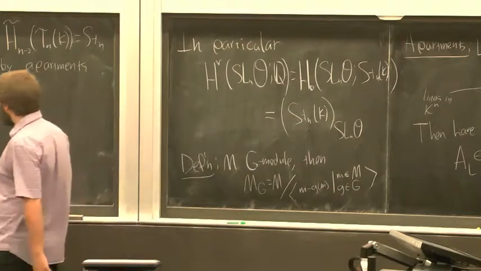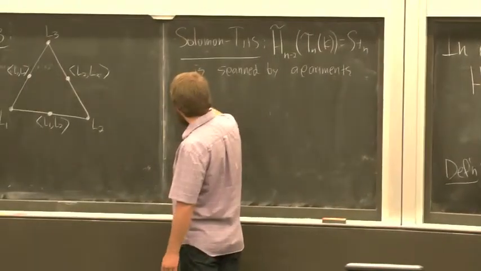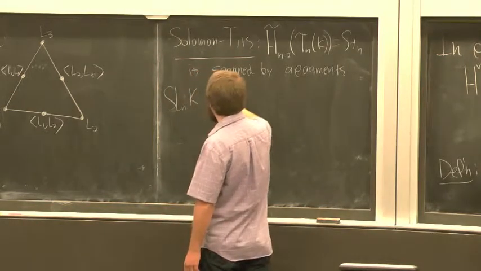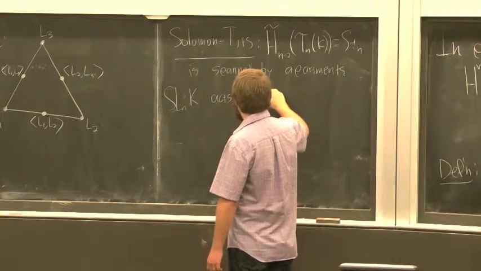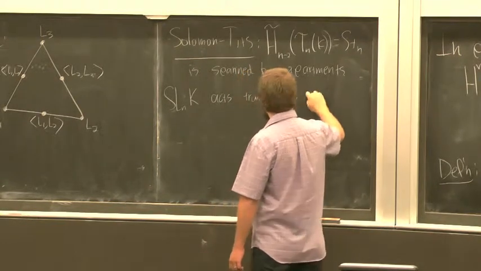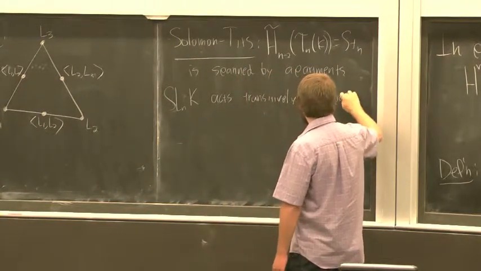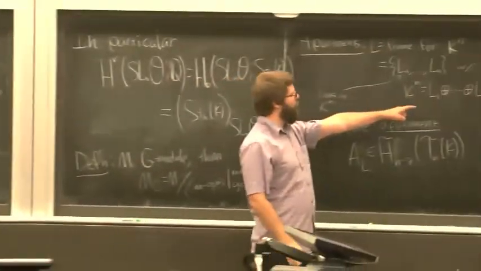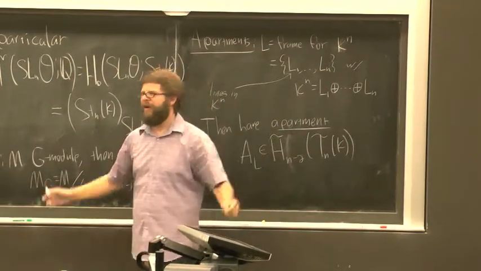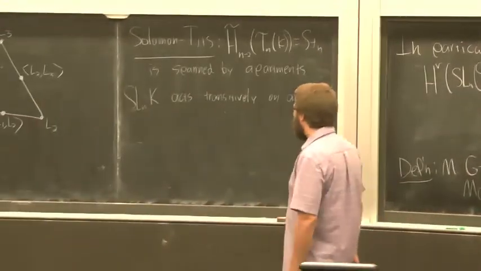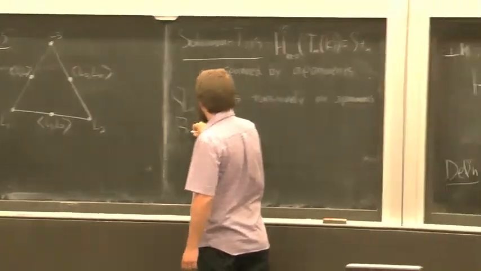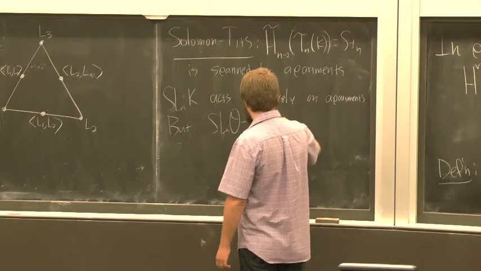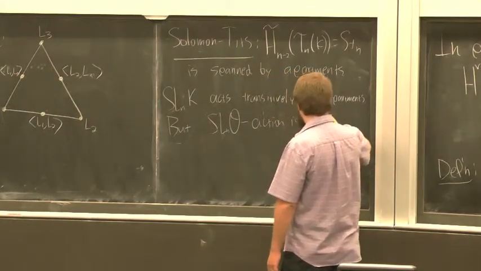So I'm going to make the observation. It's clear that SL_n(K) acts transitively on the apartments. You can take one decomposition, L1 through Ln of K^n, to another one by an element of SL_n(K). But the SL_n(O) action is very complicated.